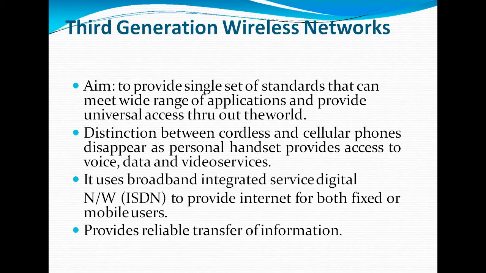In this generation we use broadband integrated services digital network, known as ISDN, which is used to provide internet for both fixed and mobile users. In third generation, it is basically used to provide reliable transfer of information. So these are the third generation of wireless network.